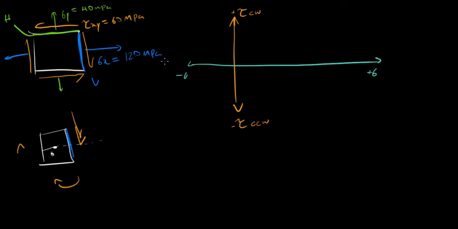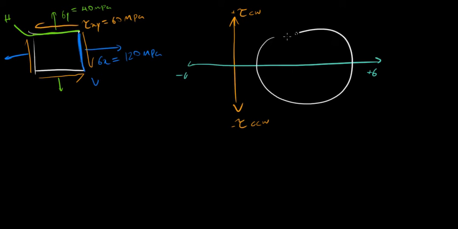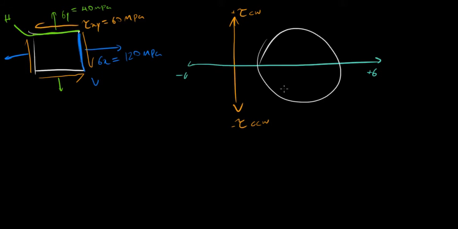So what that means is this: now I want to plot the vertical face on my Mohr circle. I'm going to have a circle with a center here.